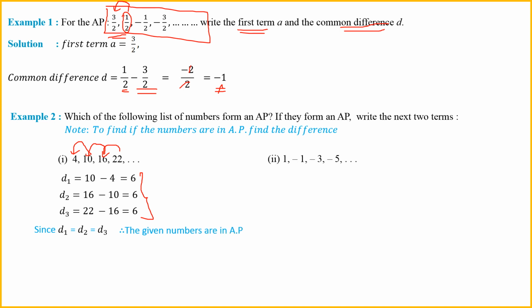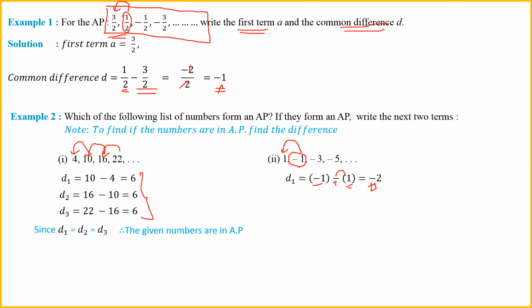Here you have 1, minus 1, minus 3, minus 5, and so on. The procedure is the same. Let me consider the second term of the given progression, minus 1, and subtract the previous one. d1 is equal to minus 1 minus 1, which is minus 2.